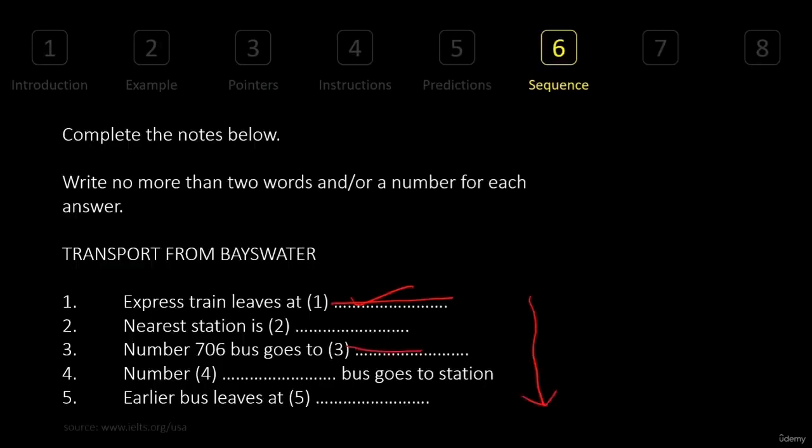What if this answer is provided by them and they continue talking about it and you say, oh, there's no question here, there's no blank here, I can proceed? No, because you might miss where the next one is coming. This gives you a hint. When they describe number 3, the 706 bus, now you know, okay, I have to jump to this one because they have described it. Hence, if there are no blanks provided in the statement, they won't call it number 3. They will call this one 3, but it is important for you to follow the sequence.